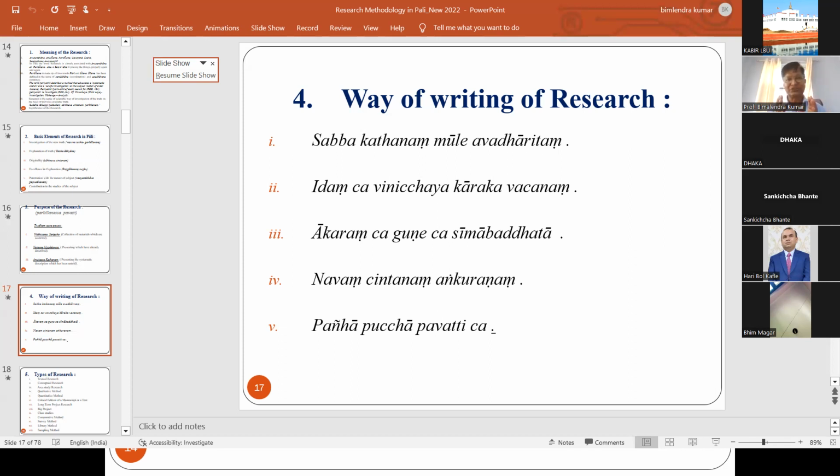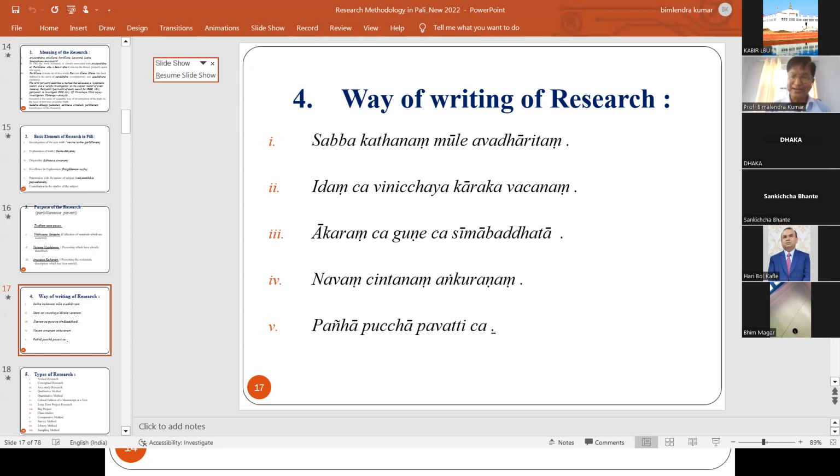A researcher has to do judgment in the writing of his statements in the chapters of the thesis or in a research paper. That is why it is called idam cha vinichchay karakam vachanam: the statement must be investigated on the basis of our original sources, whether they are coming or not.